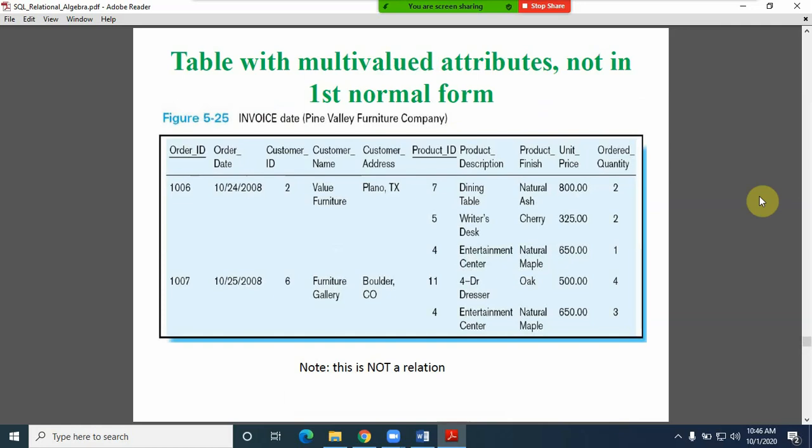One more example I have taken here. Just observe: order ID, order date, customer ID, customer name, customer address, along with the product ID, product description, product finish, unit price, and ordered quantity. First of all, this is not a relation friends, because a relation should clearly mention the separate attributes and give clarity about the information, but here we have managed the invoice data like a log file content.